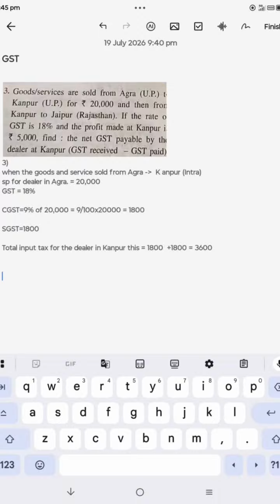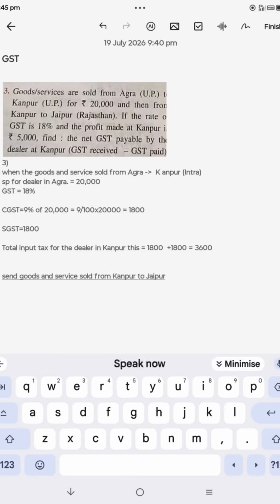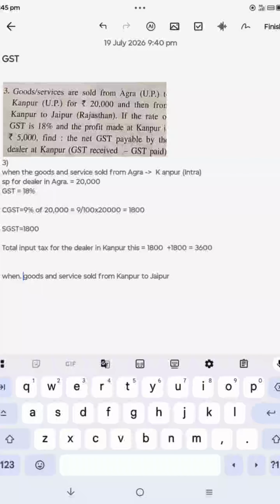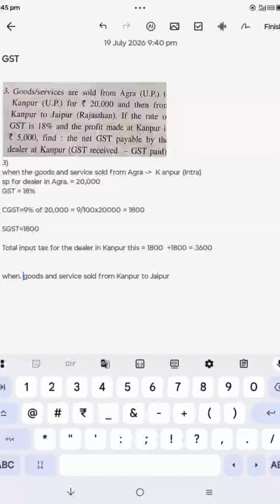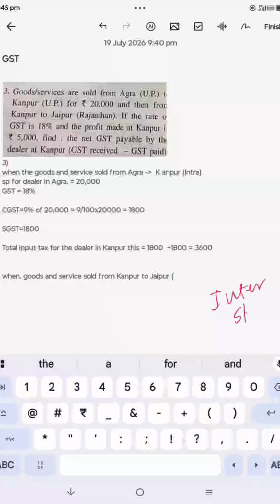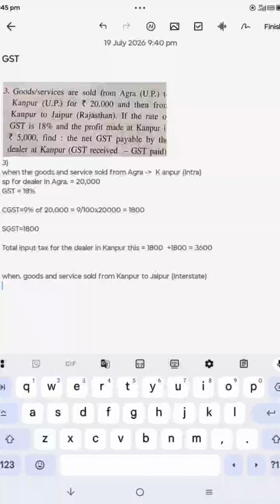Now, when the goods and service sold from Kanpur to Jaipur, this will be interstate for the dealer in Kanpur.